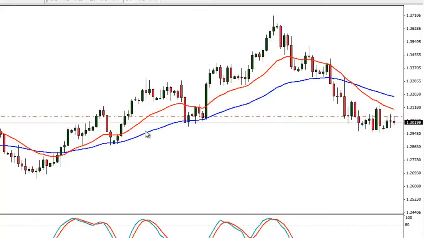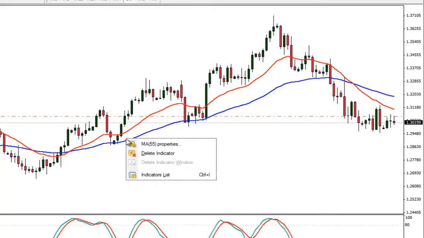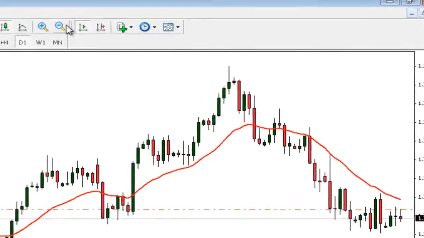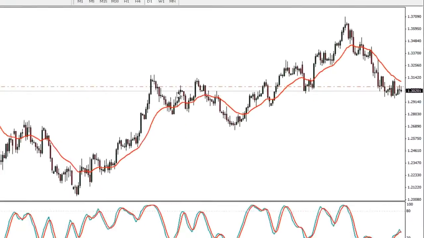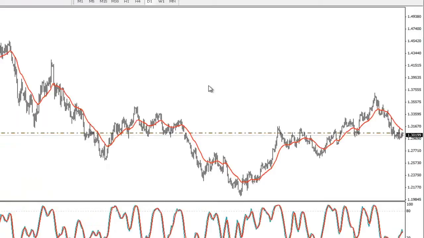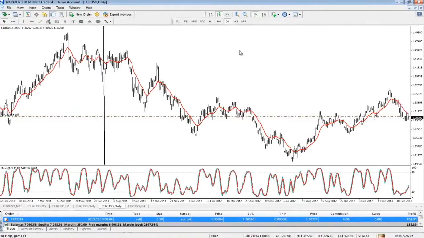Alright, so let me get rid of a couple of these. Okay, and we'll just keep the 21 EMA on our screen here a sec. Alright, so this is a 21 EMA on a daily Euro chart. And what's pretty cool is how these EMAs can represent mean reversion sort of distances, if you will, relative to price. So if we just look to the left here a little bit, take the scroll off.